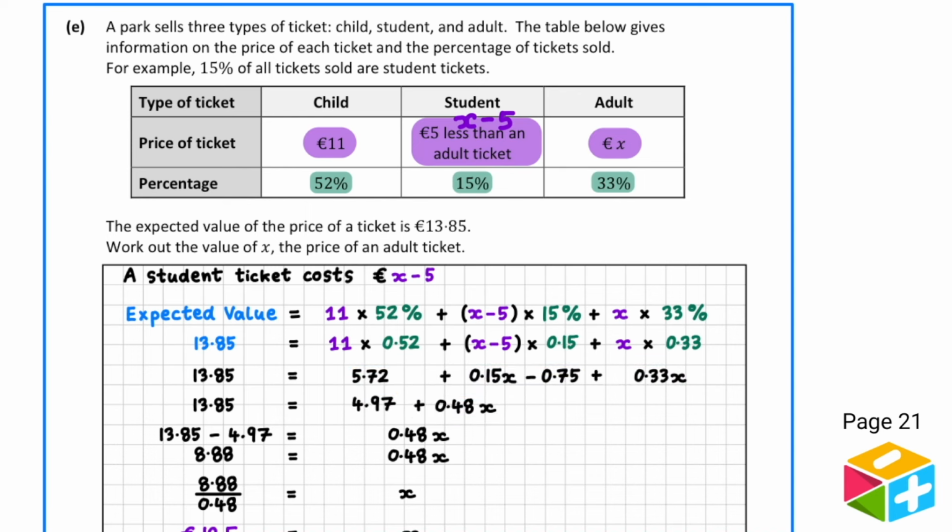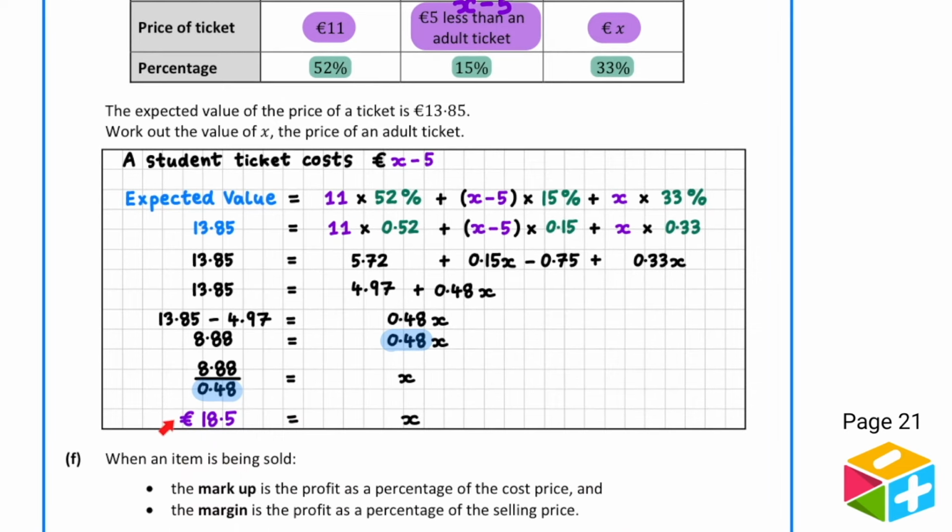Now, I'll subtract 4.97 from both sides, and then perform the calculation on the left. From here, we divide both sides by 0.48, and then we use our calculator to compute the fraction on the left-hand side. This brings us to our final answer, that x is equal to 18.5 euro.